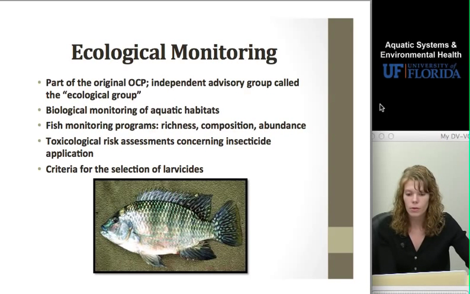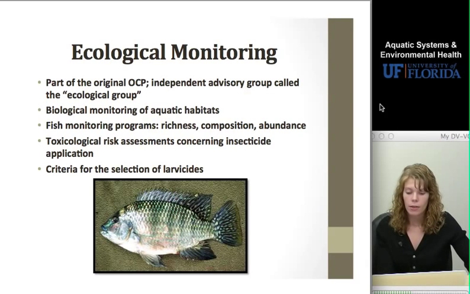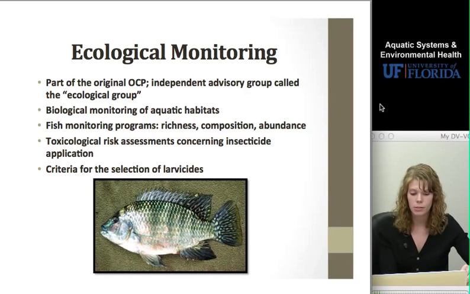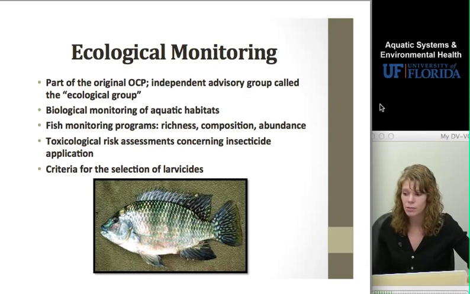And basically what they did was they had specific criteria for the selection of larvicides, which was based off of seasonal hydrologic cycles and also the discharge rates of different water bodies. They mainly looked at fish and invertebrate species, and the main effects seen in invertebrate species were the rarefaction of some species and in some cases extinction.